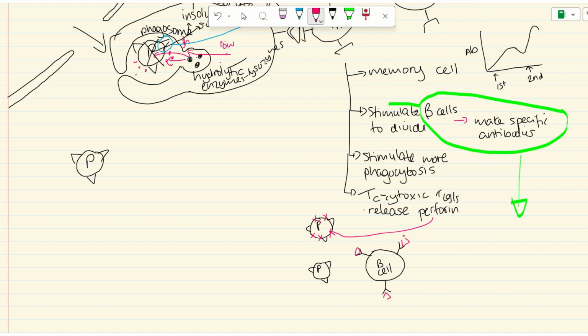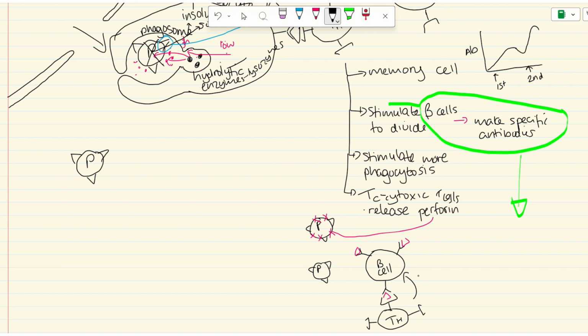Okay, and remember that T helper cell with a specific shape? It comes along and it goes, okay, B cell, I see that you've got the antigen on your surface. I'm now going to bind with the antigen, and by binding with the antigen, I'm going to activate you to make lots of yourself.